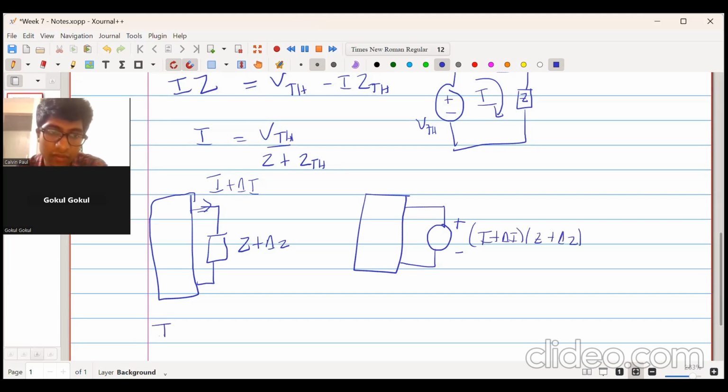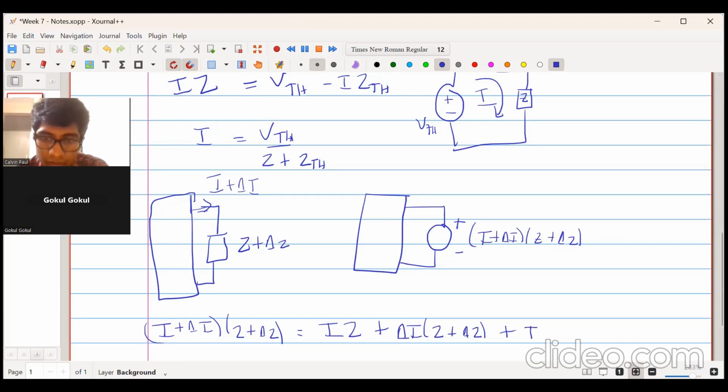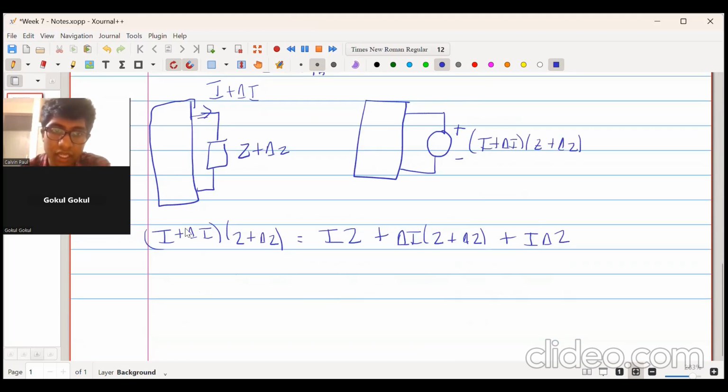Okay. So we will expand this I plus delta I into Z plus delta Z. That will be I into Z plus delta I into Z plus delta Z, plus I into delta Z. This is how we have replaced this element by this voltage source, and then we further simplify it into IZ plus delta I into Z plus delta Z plus I into delta Z. All right.